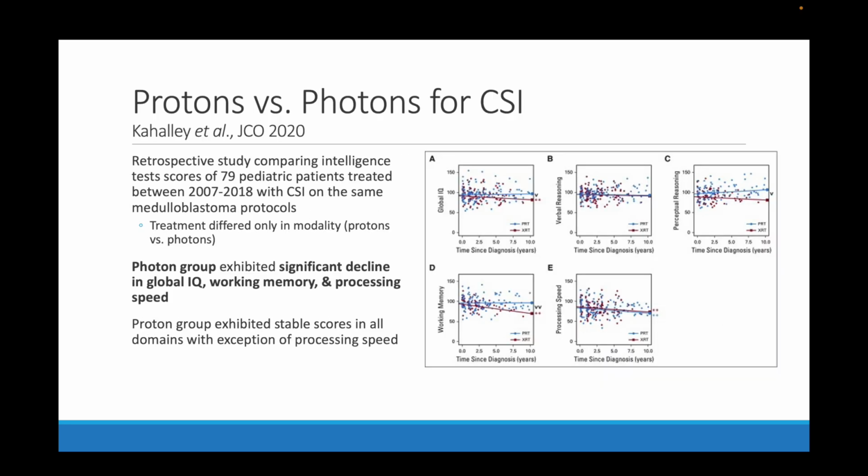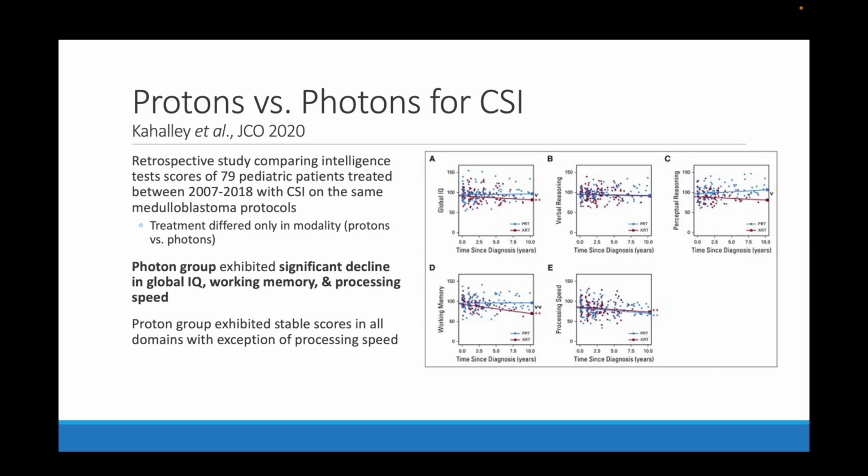Now, when we're doing CSI, whenever possible, we do prefer protons. And this is a retrospective study, first author Kahalley et al., from the JCO 2020. This retrospective study compared intelligence test scores between 79 pediatric patients that were treated with CSI for medulloblastoma on the same protocols.